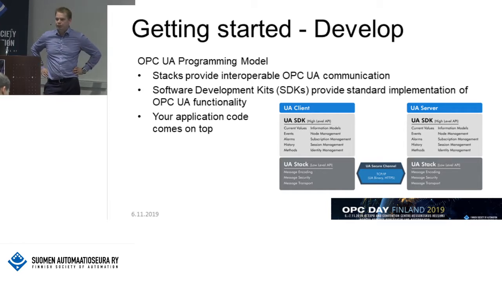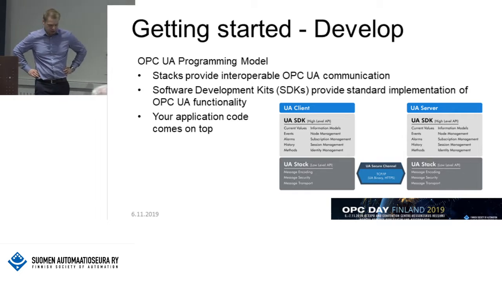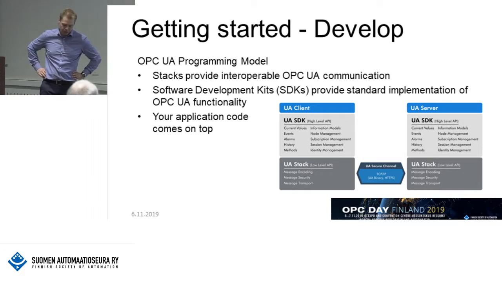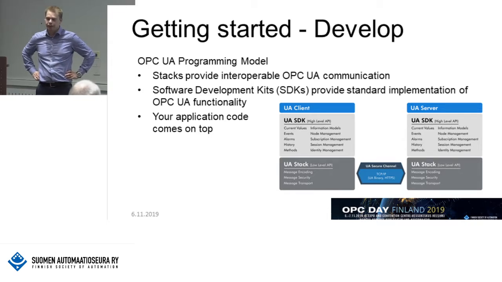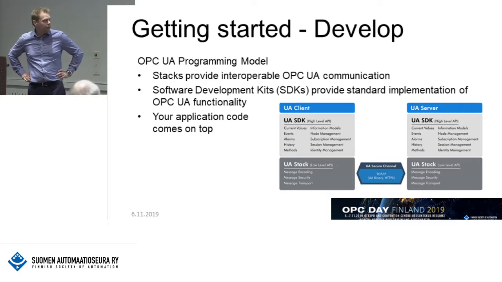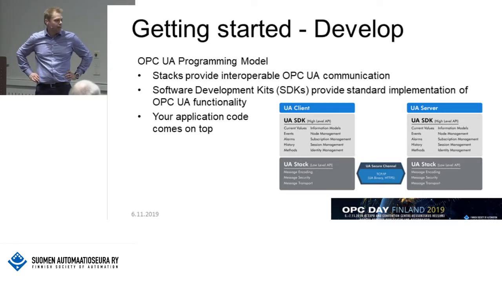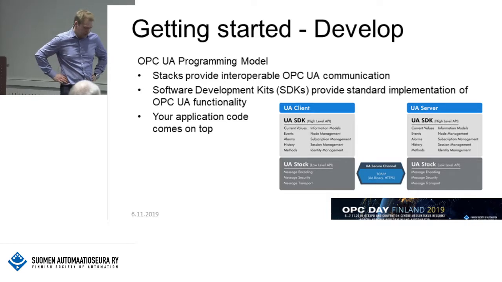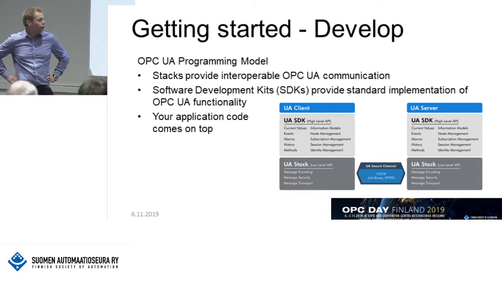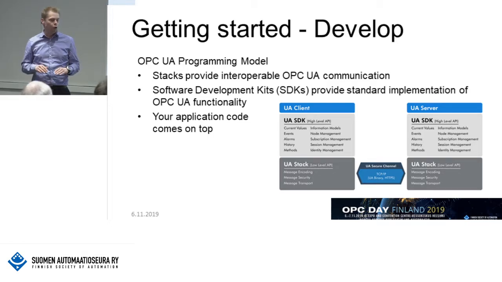Then when you think, okay, I have a product and an information system, a PLC or automation system, and I need an OPC UA interface for that system, it's good to understand a little bit about the programming model. Historically, there has been a low-level API for development, which basically only implemented the OPC UA communication level.